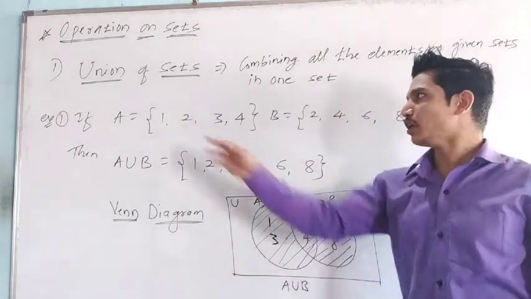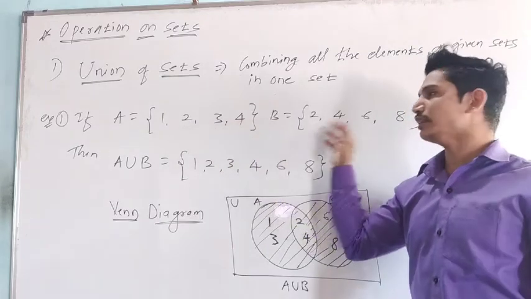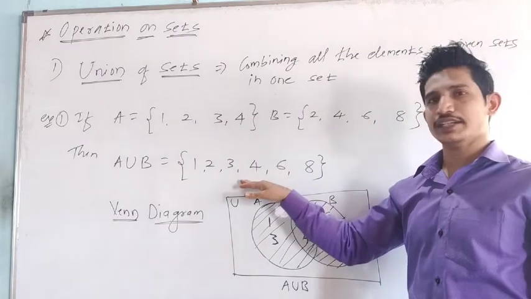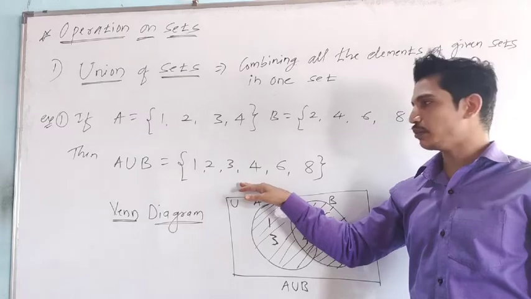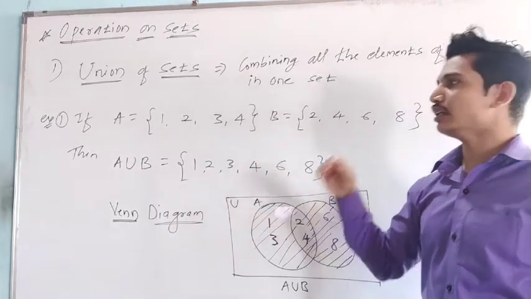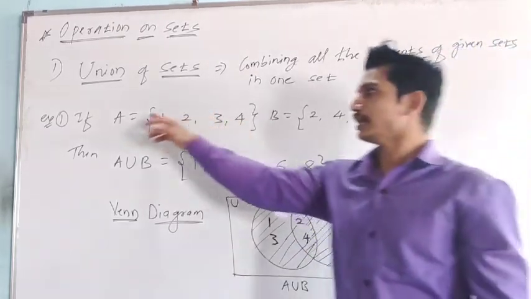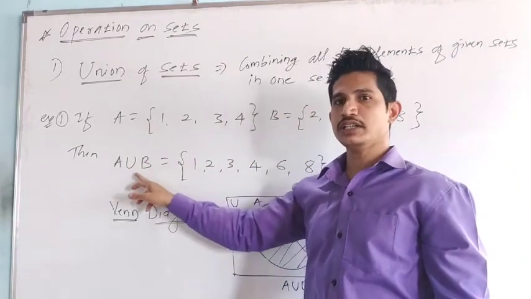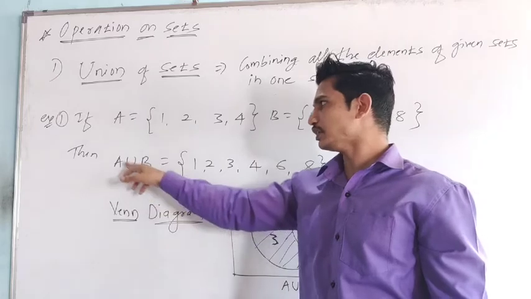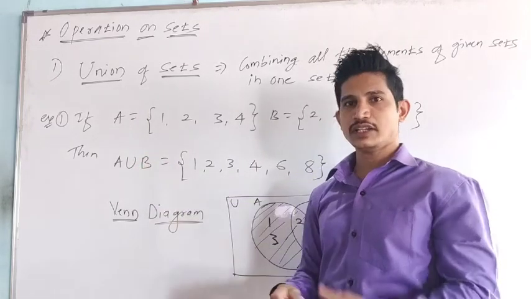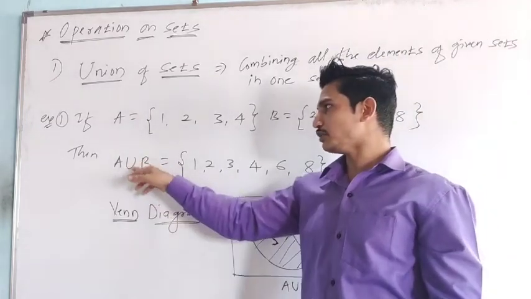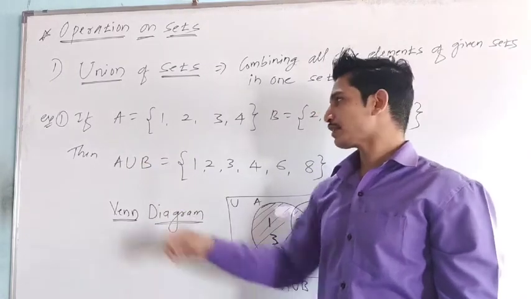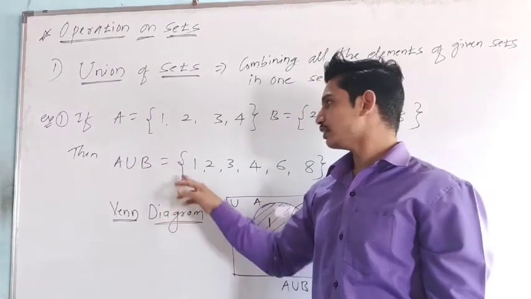Union means all these elements and all these elements we write in one set. That is called the union of sets. So set A is here, set B is here. A union B. What is the symbol of union? It is like an inverse U, but the symbol is the union symbol. Okay. A union B is what now?